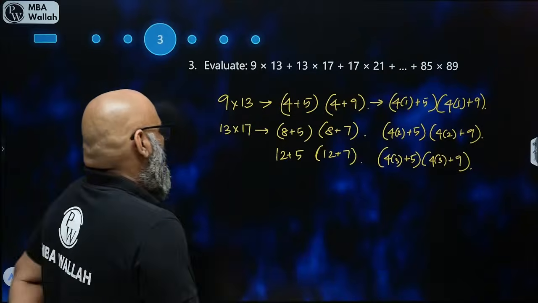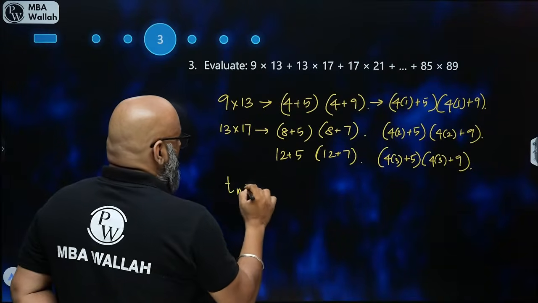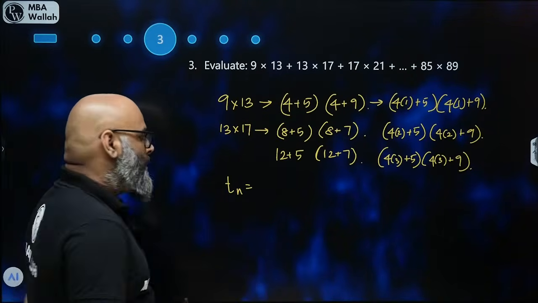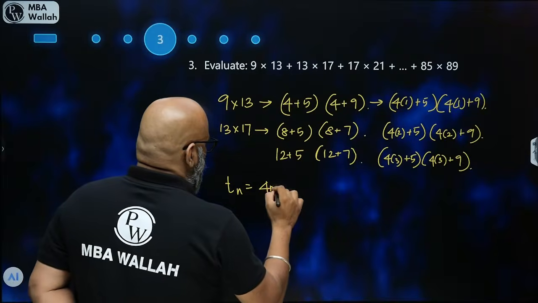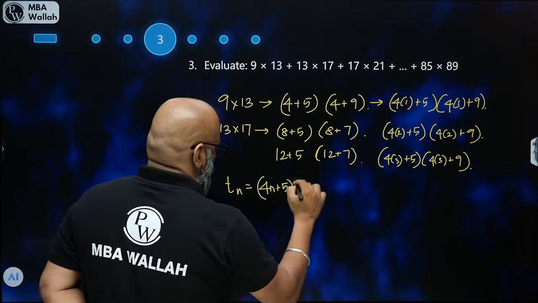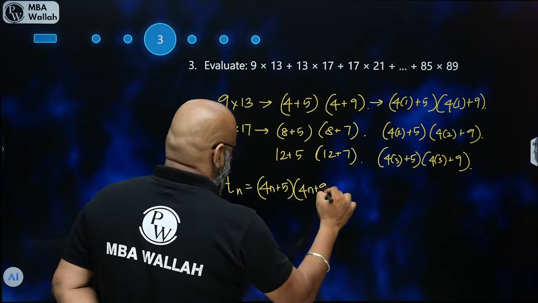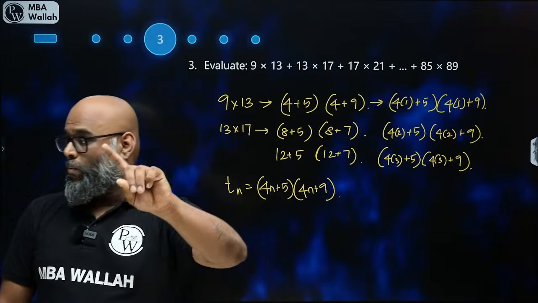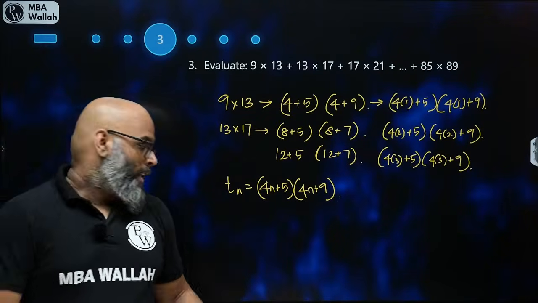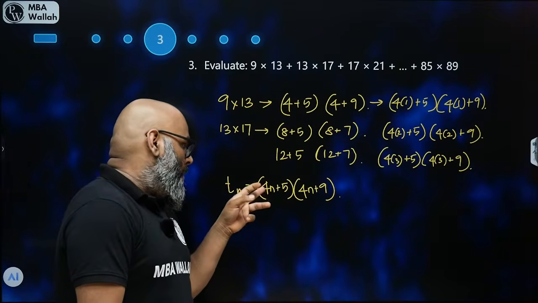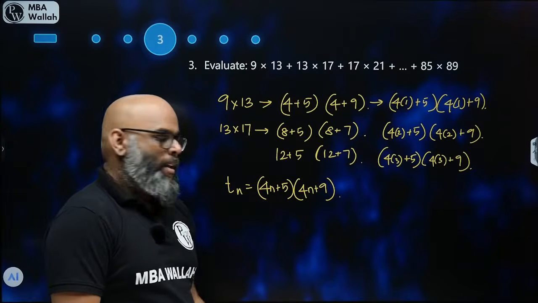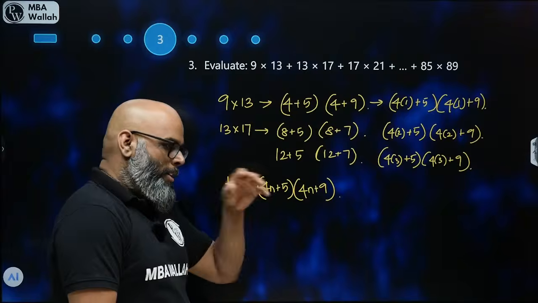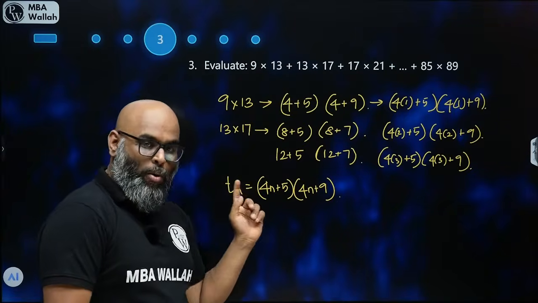Or any Tn in the series, I can write it as 4n plus 5 into 4n plus 9. Can we agree on that? Where n starts from 1. You can say n equal to 1, 9 into 13. n equal to 2, 13 into 17. n equal to 3, you can do all of that.